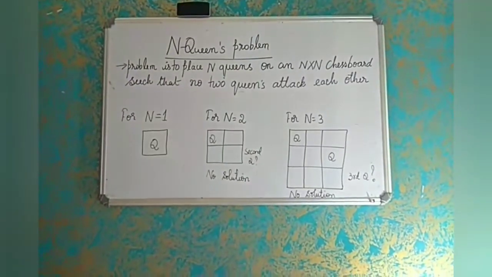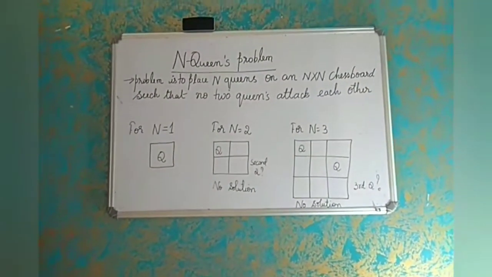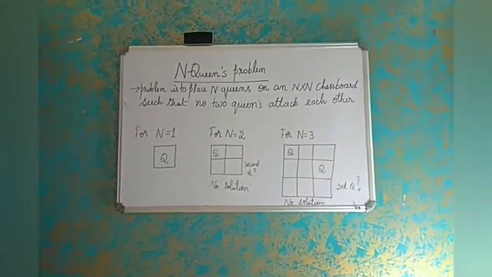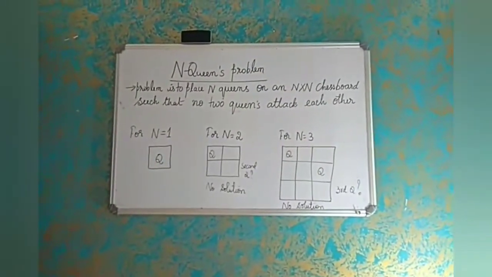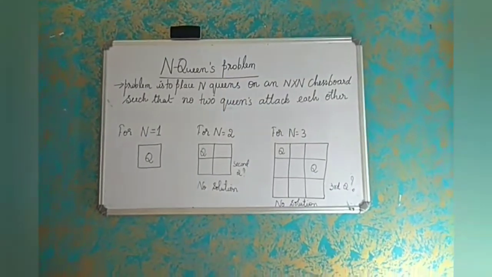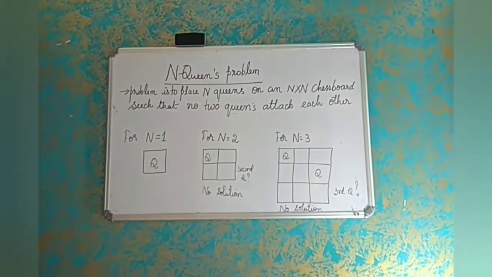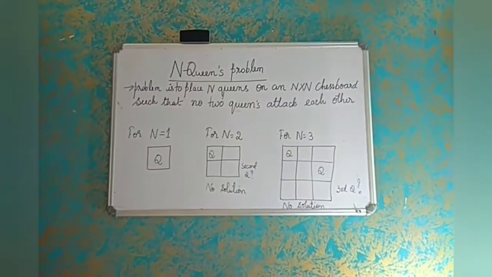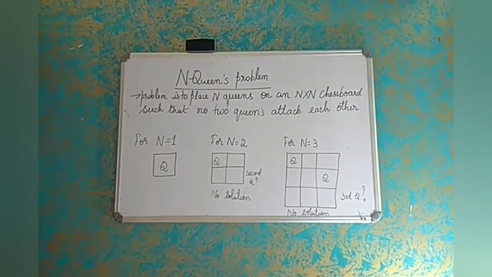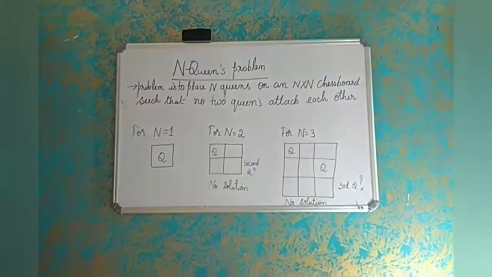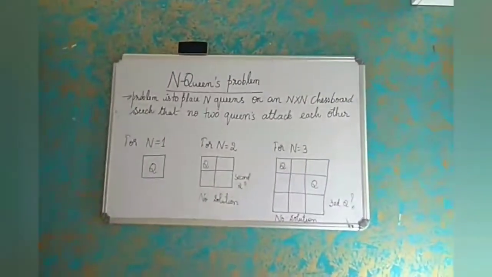It may have more than one solution, so you have to find all the possible solutions, not just a single solution as you did in the dynamic programming method. In the dynamic programming method, we have only one solution, which is the optimal solution. But in backtracking, we are going to find all possible solutions.